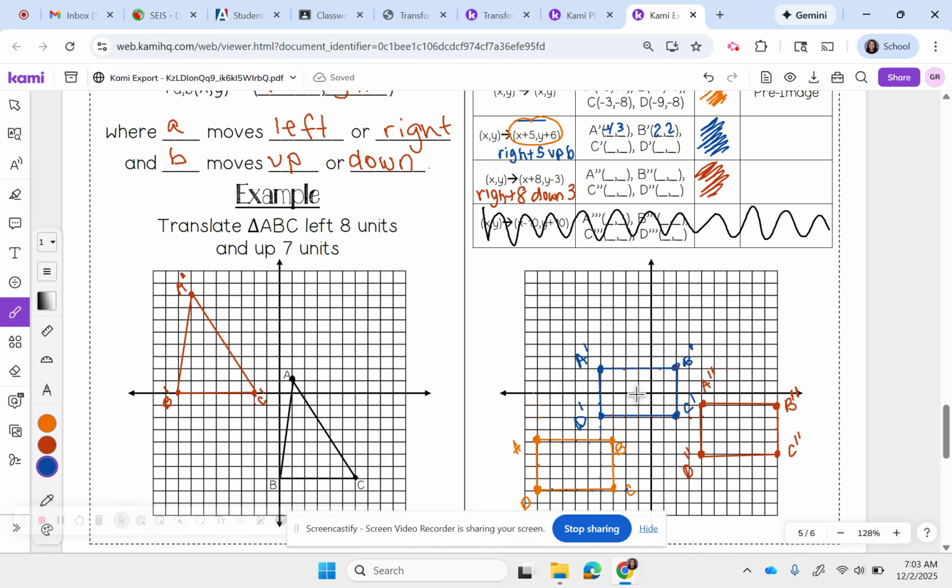For D, I'm going 1, 2, 3, 4 left, so -4, and then down 2, so -4, -2. And then C is 2 to the right, down 2, so that's 2, -2.